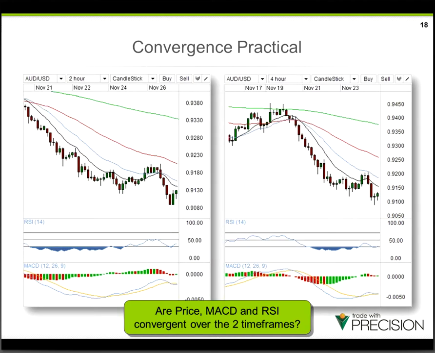Another example here to give you just a better idea about divergence and how to predict it before it actually occurs on the chart. And as you can see, price has made a lower low in this downtrend, but the indicators are now making a higher low, and they're beginning to trend upward in the direction that's opposite to the price action.